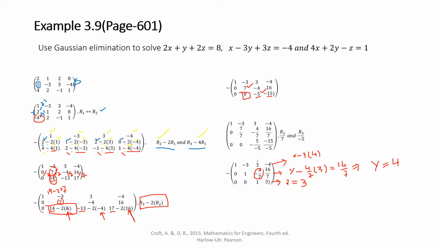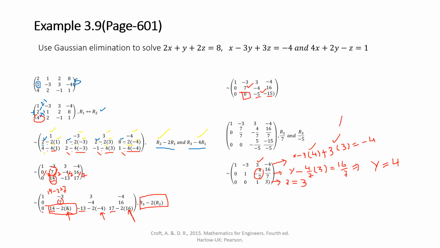Then this is z plus 3z equals minus 4. This comes minus 12, this comes 9, so minus 12 and 9 becomes how much? 3 minus 3.